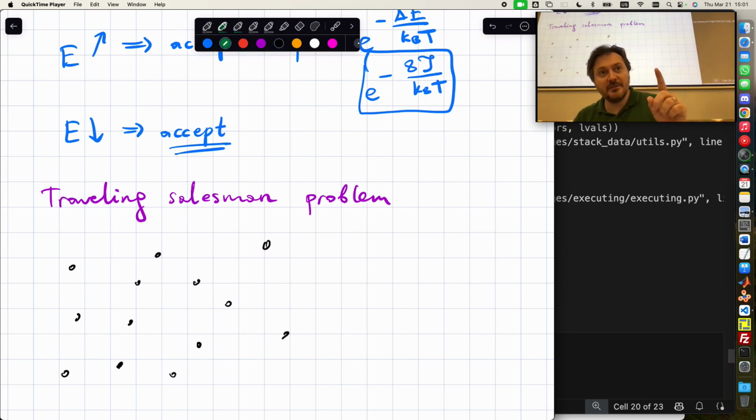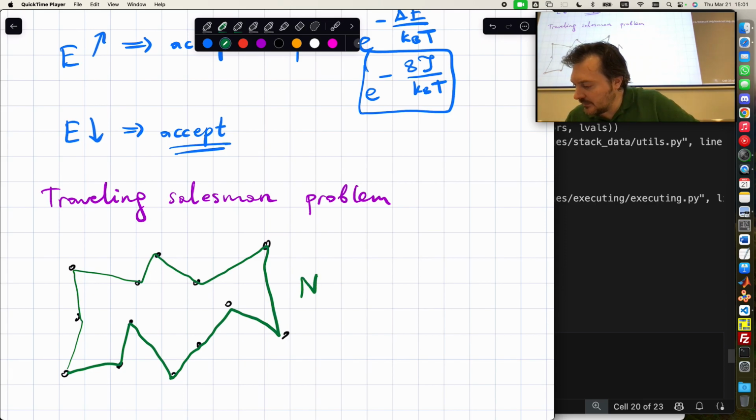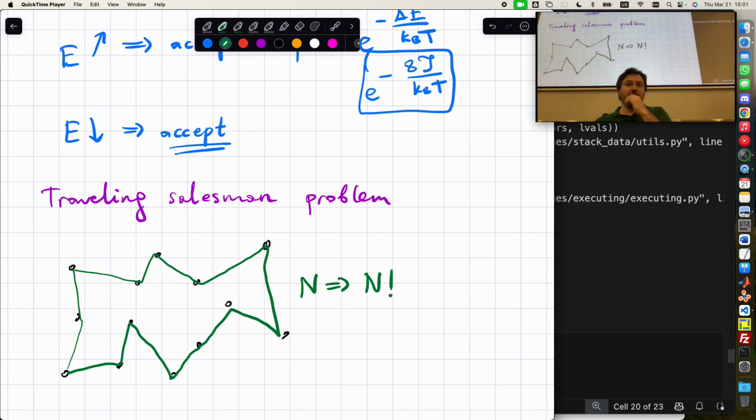You want to visit every city once and come back home. Okay? So let's try. Not a bad journey, right? So we are looking for a shortest path. But notice that if you have n cities, then you have n factorial possible routes that you can choose from.